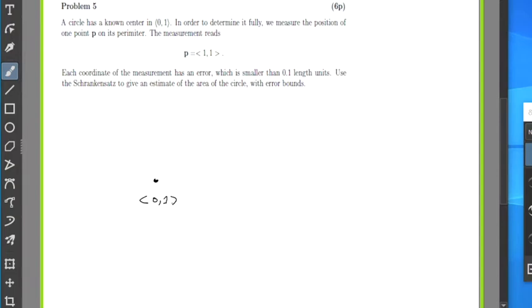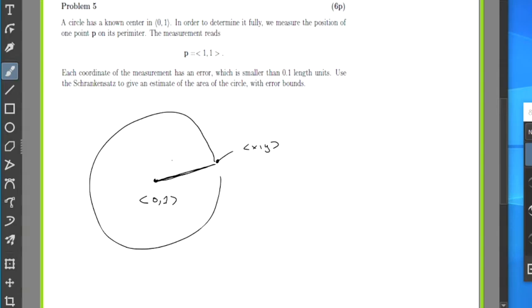But we do not know its radius. So what we do then is that we determine one more point on the circle. Let's call that point xy. Once we've done that, it's of course a short job to calculate the radius of the circle.